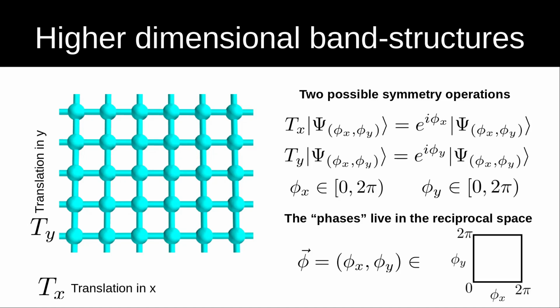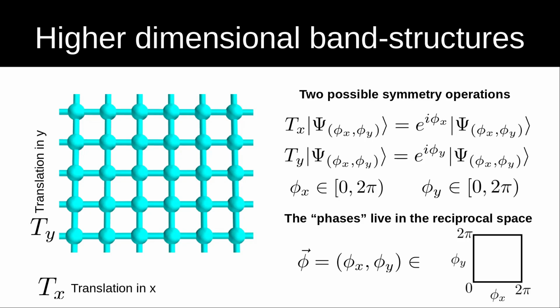They commute with each other, and they also commute with the Hamiltonian. So now your eigenstates can be simultaneously eigenstates of Tx, of Ty, and of the Hamiltonian. So we are going to work on the basis where Tx is diagonal, Ty is diagonal, and the Hamiltonian is diagonal.